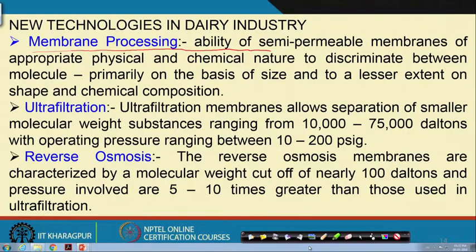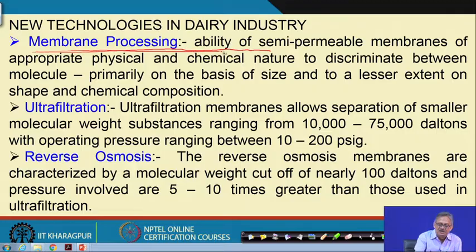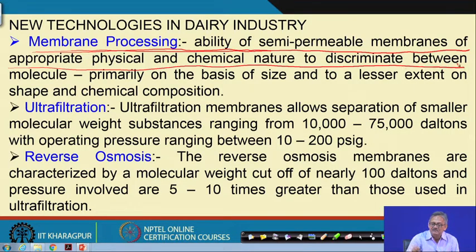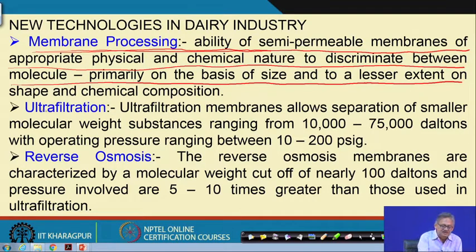Okay. So, this is the membrane process, which is the ability of a semi-permeable membrane of appropriate physical and chemical nature to discriminate between molecules primarily on the basis of size, and to a lesser extent on shape and chemical composition.